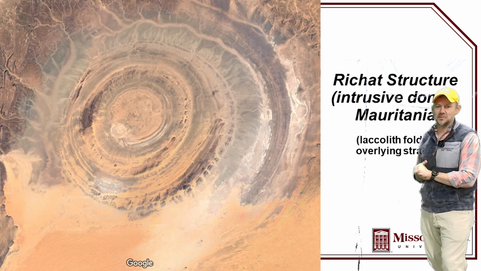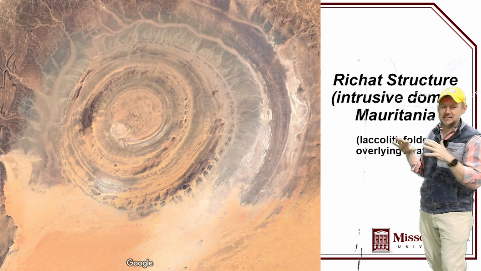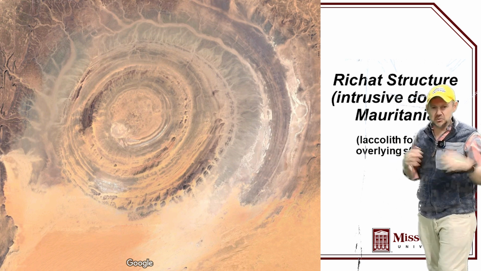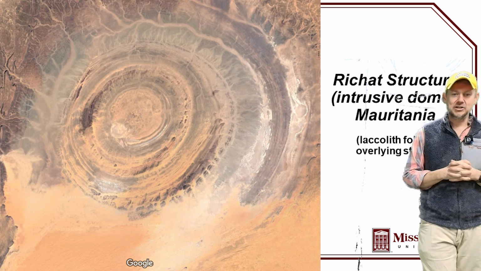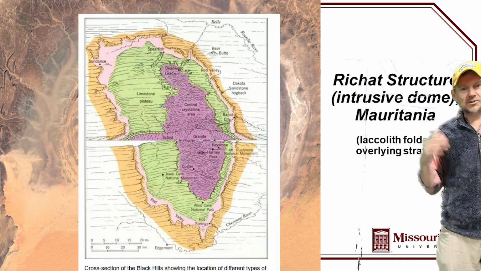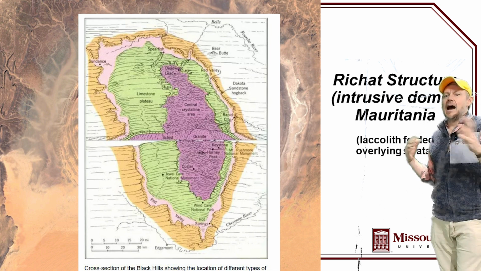Intrusive dome is probably the more accurate term, but nonetheless, the structure is still there, that all the rocks dip away from the central part, giving you these concentric circles. And this is just a really beautiful version to see what a dome looks like. You'll see domes. The Black Hills are a dome. Doesn't necessarily show up as beautiful as this, which would be the opposite of a basin.